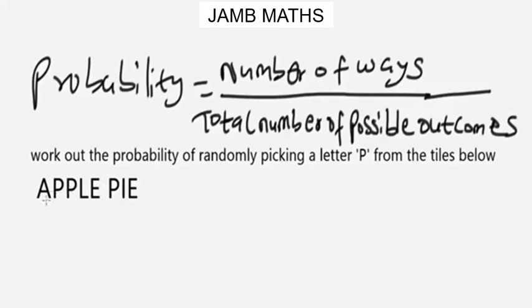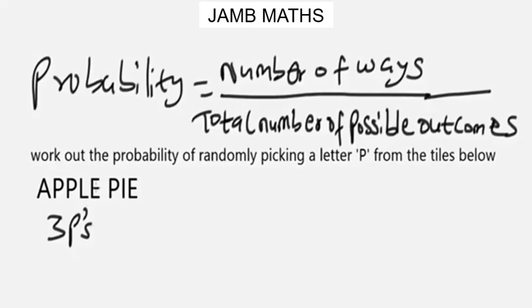If you check, you see that we have 3 P's. And there are 8 tiles altogether: 1, 2, 3, 4, 5, 6, 7, 8. So we have 8 letters.